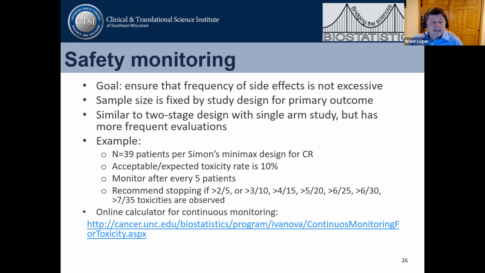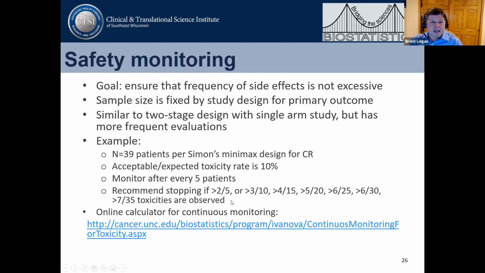So the idea is kind of similar to the two-stage design, except that you actually just want to monitor more frequently. So here's an example, with 39 patients from that minimax design for the complete response rate type study. Suppose we had an acceptable toxicity rate of 10%. And we wanted to monitor after every 5 patients.